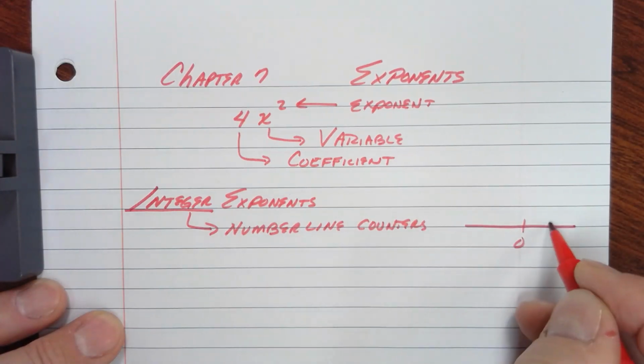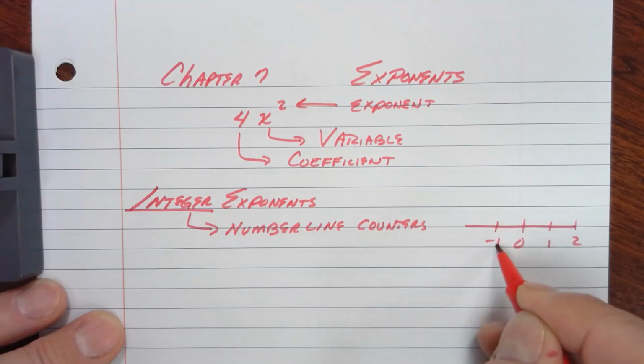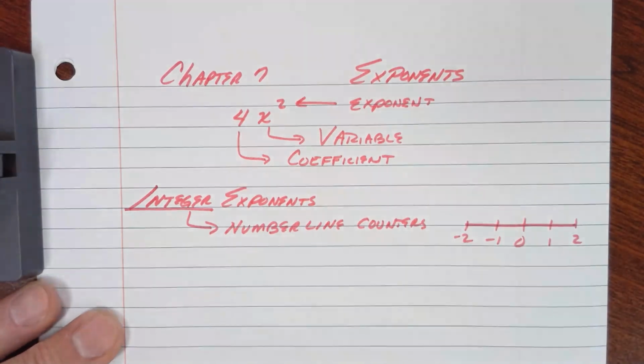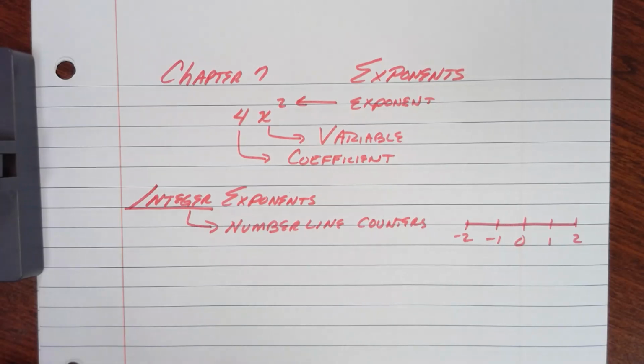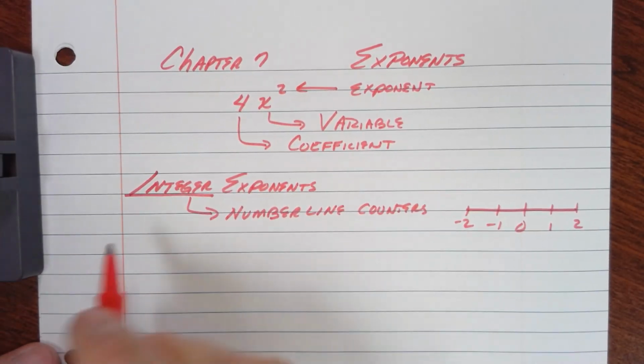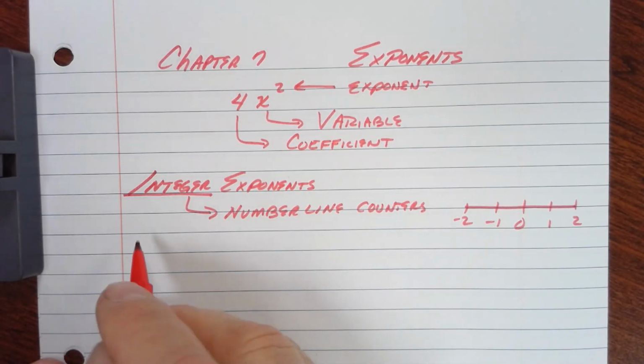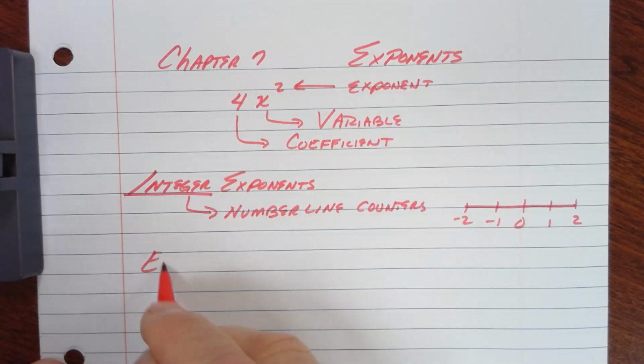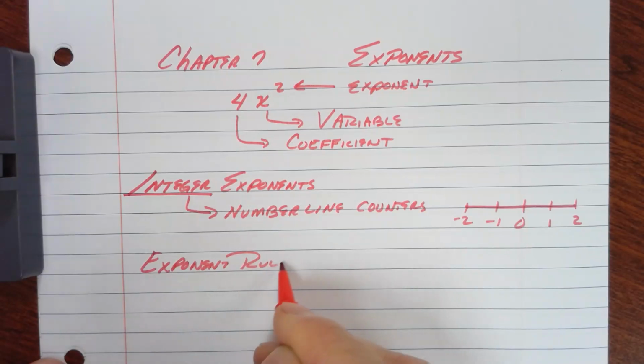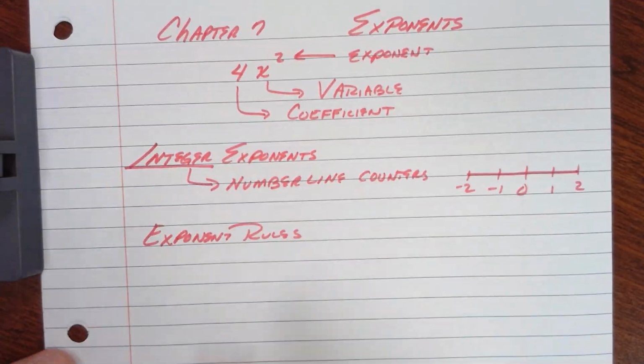Which means those are going to be both positive and negative, but they're going to be positive and negative whole numbers. There are about 6 or 7 different exponent rules, and we're going to start today with the first one.